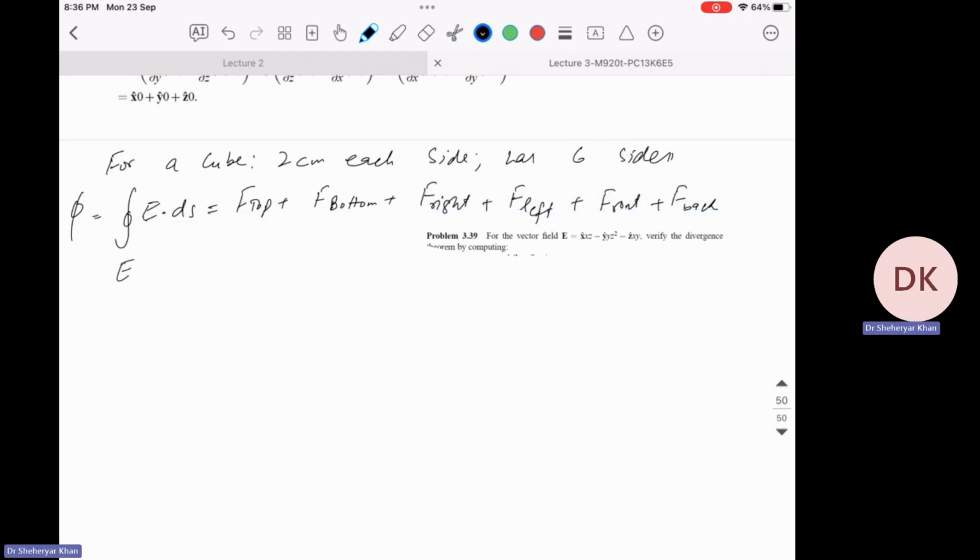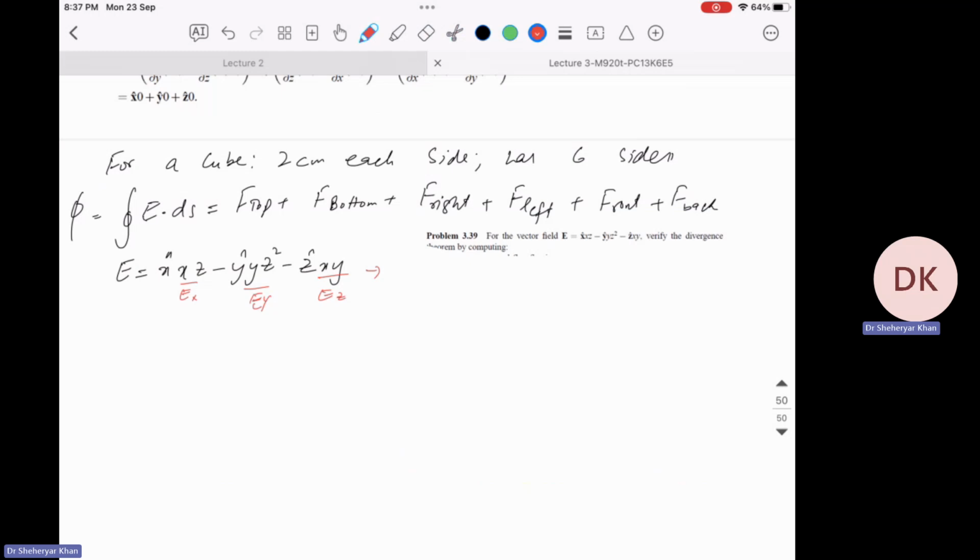Now E is equal to, right, this is your E. Now we should know that this part is called Ex, Ey, and Ez.